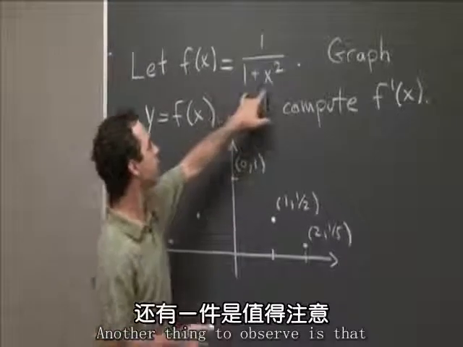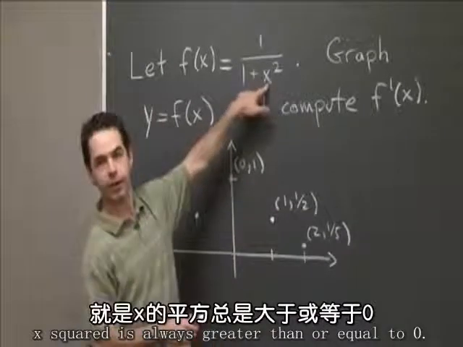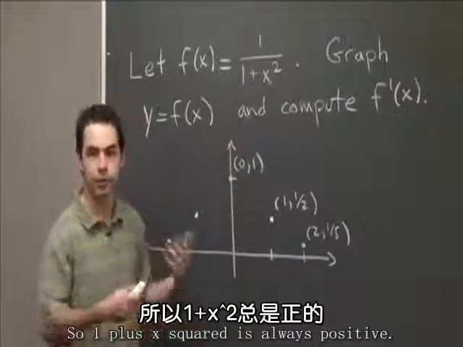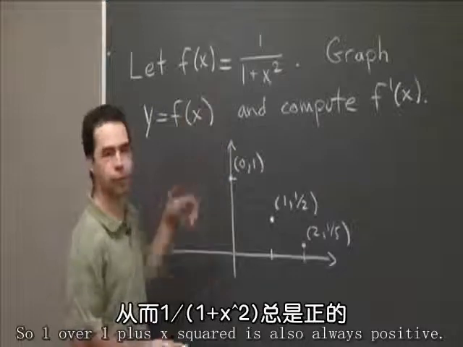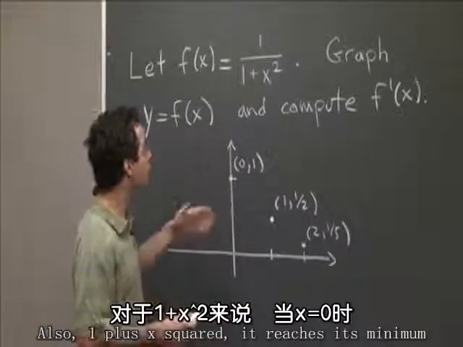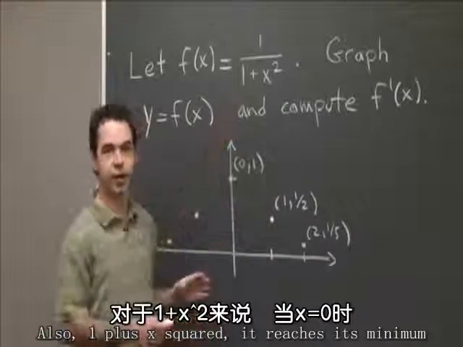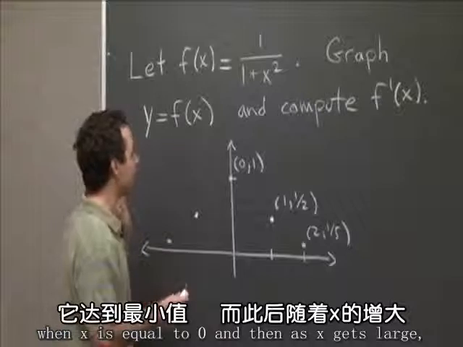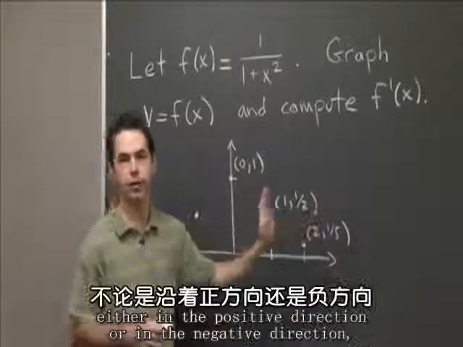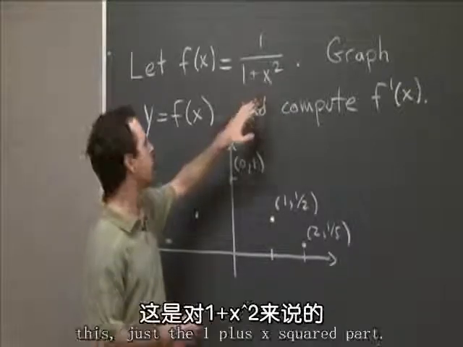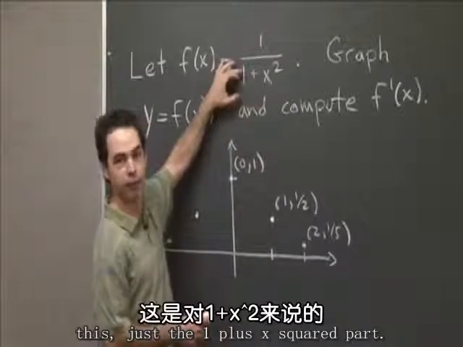Another thing to observe is that x squared is always greater than or equal to 0. So 1 plus x squared is always positive. So 1 over 1 plus x squared is also always positive. Also, 1 plus x squared reaches its minimum when x is equal to 0. And then as x gets large, either in the positive direction or in the negative direction, the 1 plus x squared part gets larger and larger.